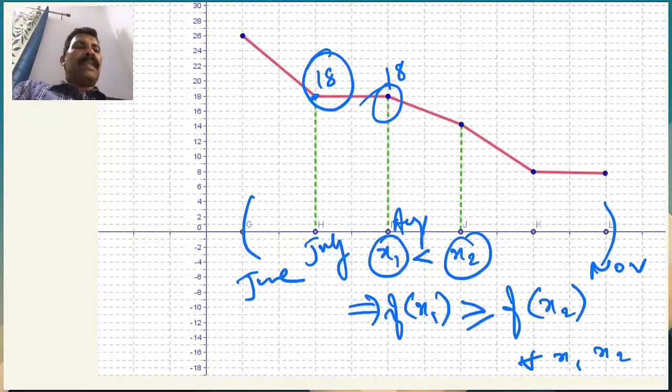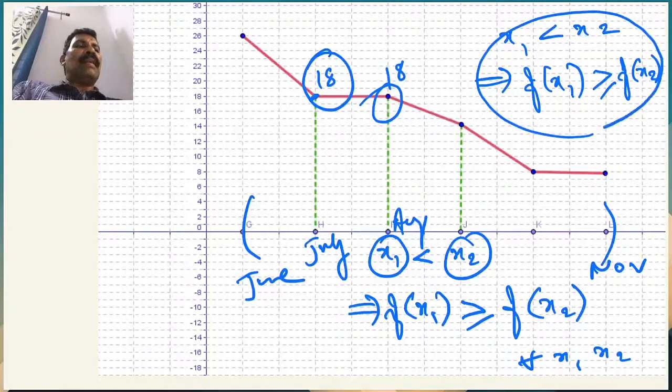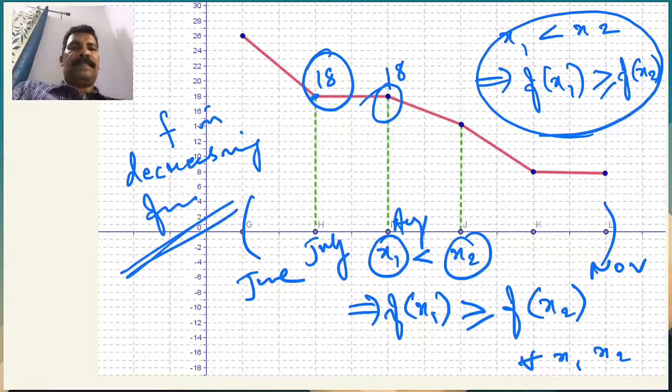So I am telling you, whenever x1 is less than x2, which implies f of x1 is greater than or equal to f of x2, then we can say that f is a decreasing function.